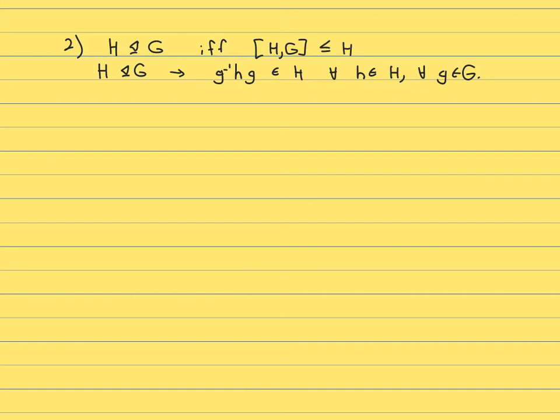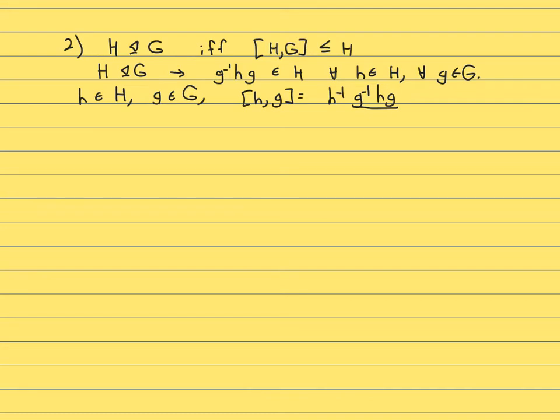So let's take something in the subgroup generated by the commutators. So take h in H and g in G. Well, let's look at this commutator. Looks like h inverse, g inverse, h g.